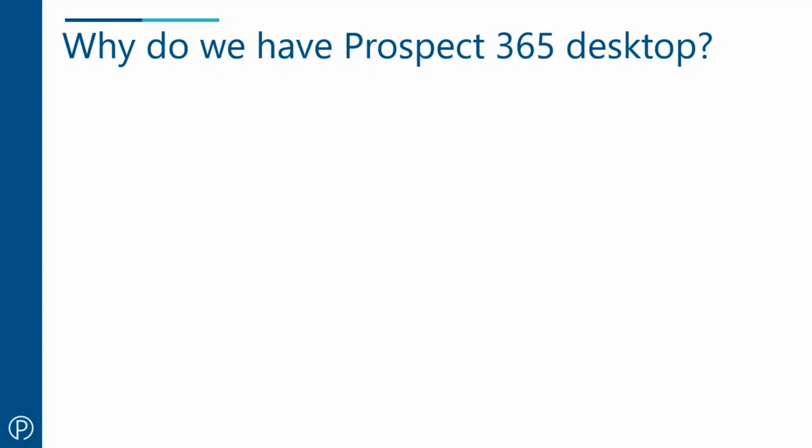It was installed on your computer, on your PC, and it was actually on your server. If you don't remember that, you might have joined the business more recently and weren't aware that your company was using the older on-premise system, but it's likely that you were on that much older system, and then we migrated you over to the Prospect 365 desktop app. So that's probably how you got there.